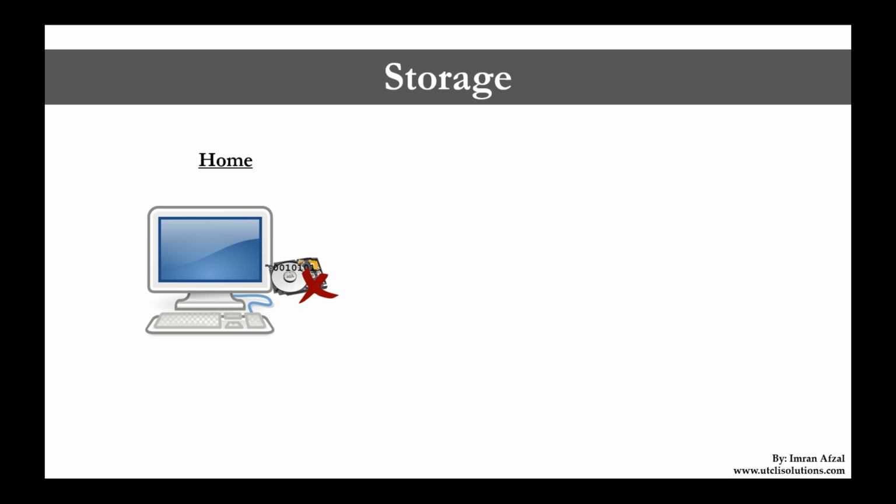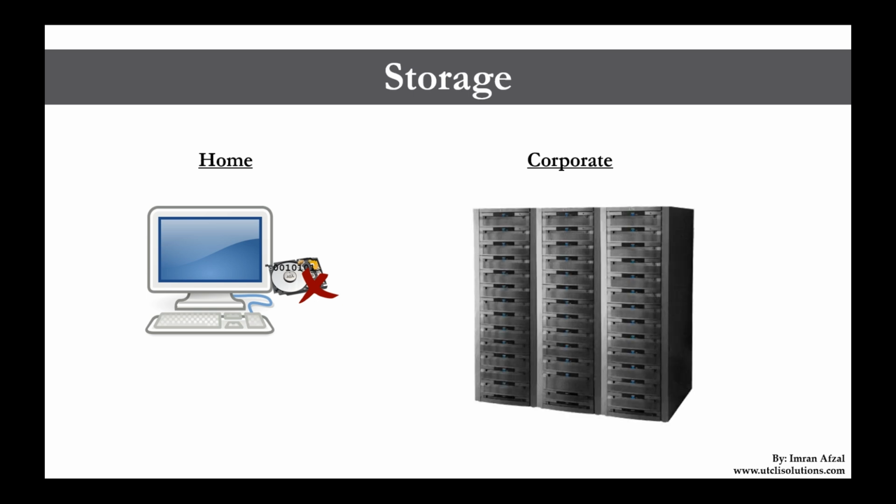So, of course, that is something you could afford at home. But when we are talking about the corporate environment, you cannot afford to lose corporate level data. So, in the corporate world, they buy these big shelves, big racks, and in each rack they have multiple servers.